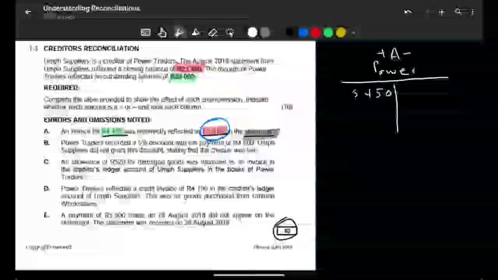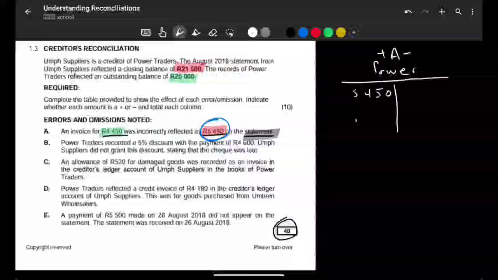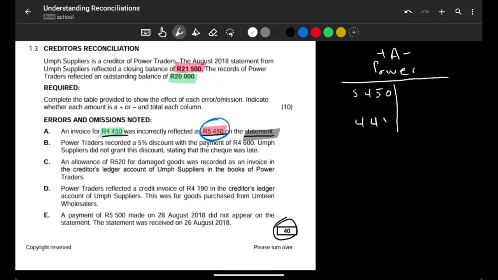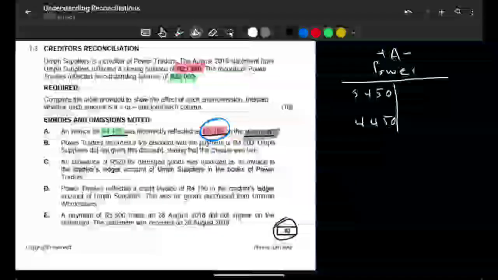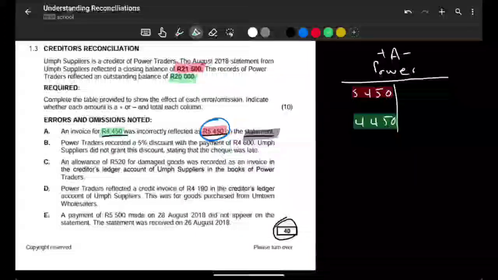But now we learned that this was the wrong amount. The correct amount that was supposed to be invoiced was 4,450, right? Now we know that this was incorrect and this is the correct amount, right?